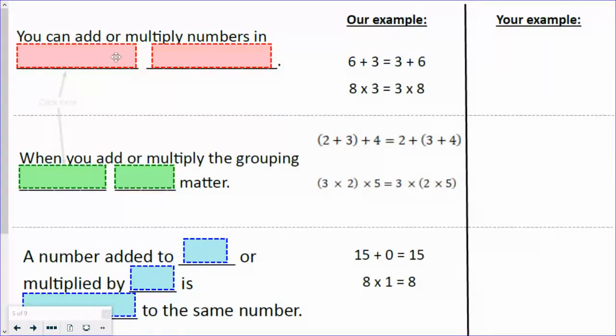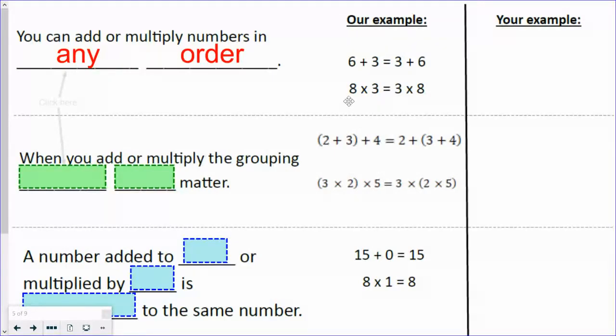Okay, you can add or multiply numbers in any order. This is our commutative property. I kind of think of it like I'm riding a bus back and forth. Either way, if I'm going back and forth, I'm getting from point A to point B. Same thing. If you notice, you have 6 plus 3 equals 3 plus 6. They both get you to the answer 9.